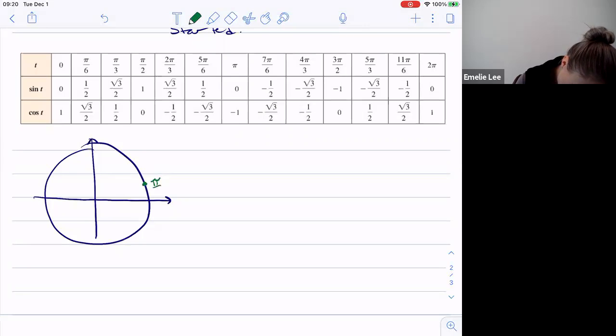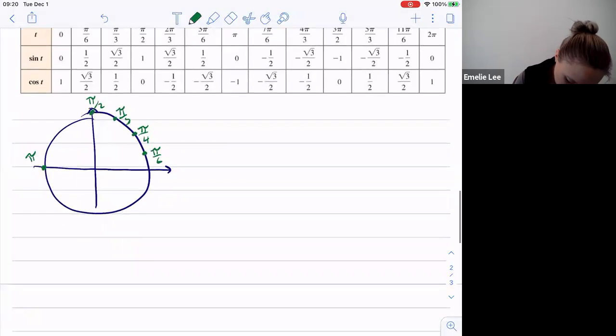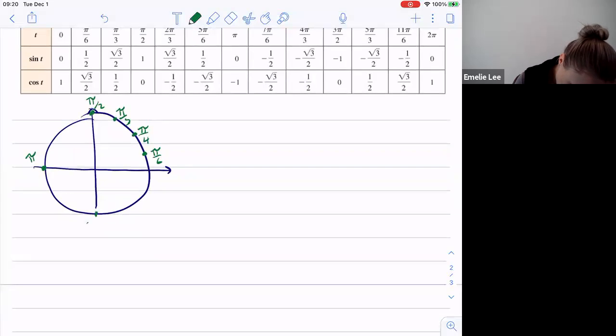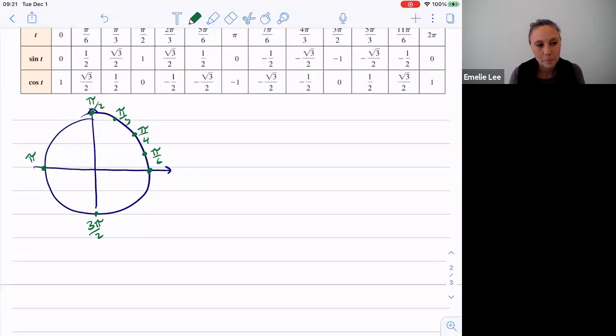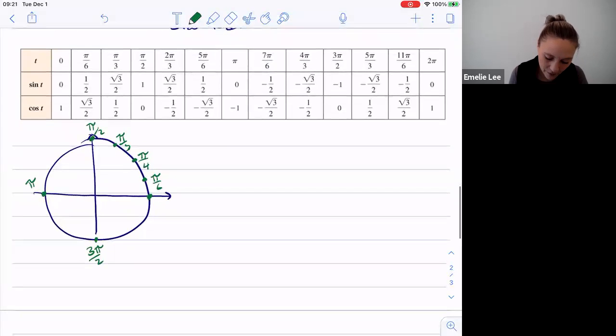So here we've got pi over 6, pi over 4 is the halfway mark, and then pi over 3. And here we've got pi over 2. Here we're at pi. And here we're at 3 pi over 2. And then here we're back to 0 or 2 pi.